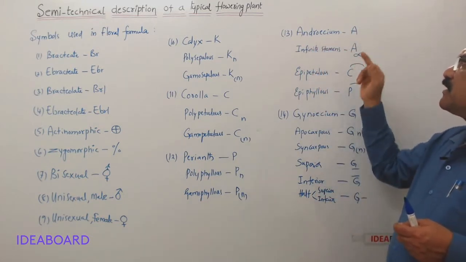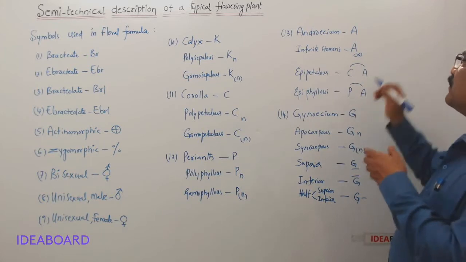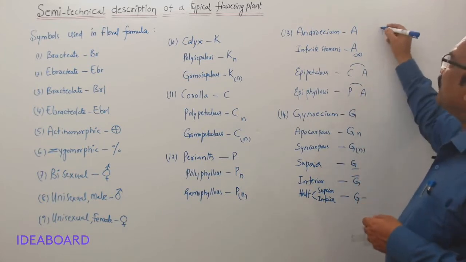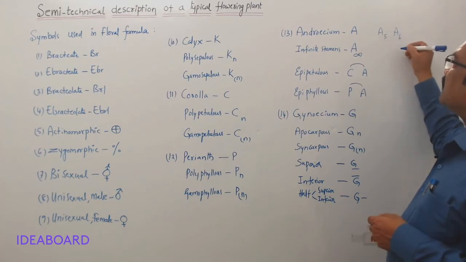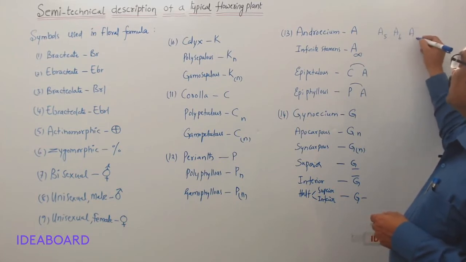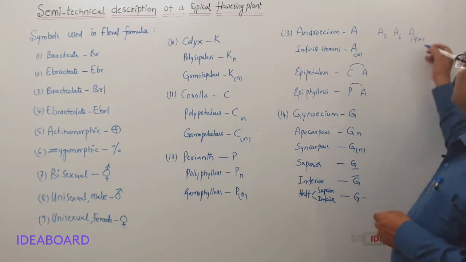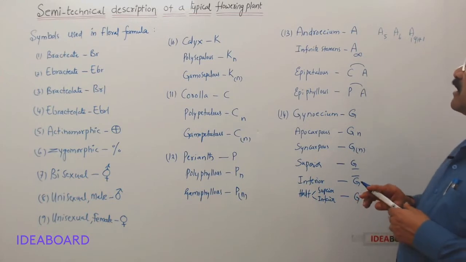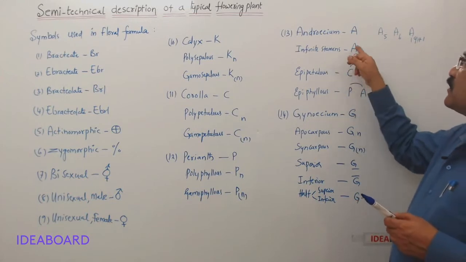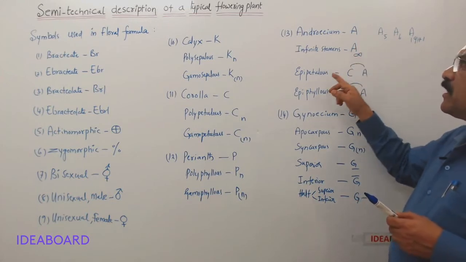Now let us come to the androecium. The androecium symbol is A, and the number follows. If there are 5, A5. If there are 6, A6. Diadelphous condition, 9 fused and 1, it will be written like this. And if they are an infinite number, then A infinity.